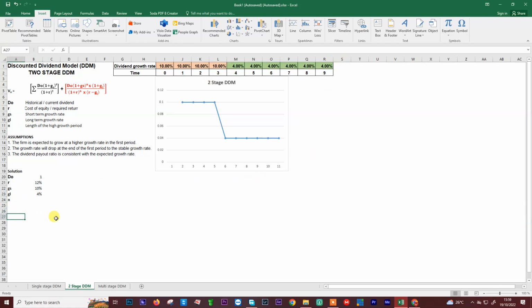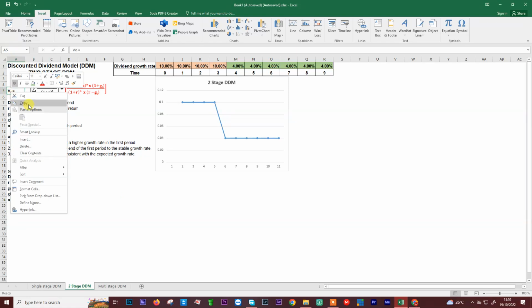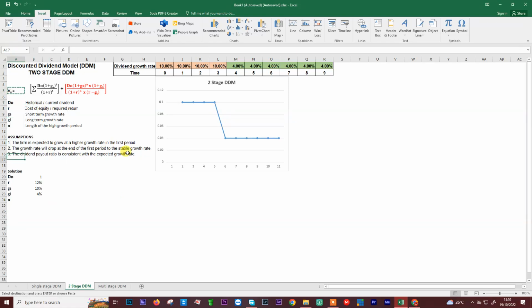So to get the V naught, we just copy this value over here, and then we come back down over here because that's the intrinsic value that we're getting, Control V, like that. So what we need to do is get this summation part over here. So we have right here plus the D naught.